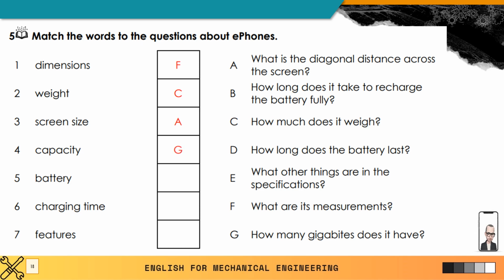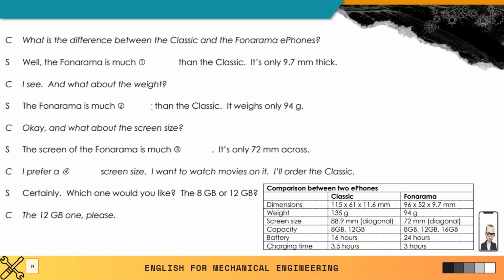Capacity is how many gigabytes does it have. Battery will be how long the battery lasts. Charging time is, where is this one? How long does it take to recharge the battery fully? So that's B. And features, surprise, surprise, no other options there. E. What other things are in the specs, in the specifications? Okay, different features of a phone.